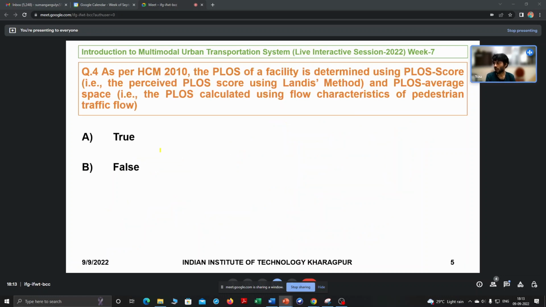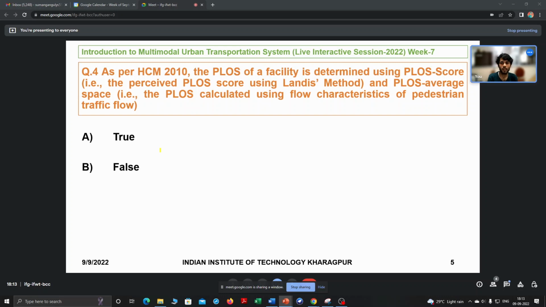As per HCM, that is Highway Capacity Manual 2010, the pedestrian level of service of a facility is determined using the pedestrian level of service score, that is, the perceived pedestrian level of service score using the Landis method, right? Because 2010 only described the Landis method according to the US manual.